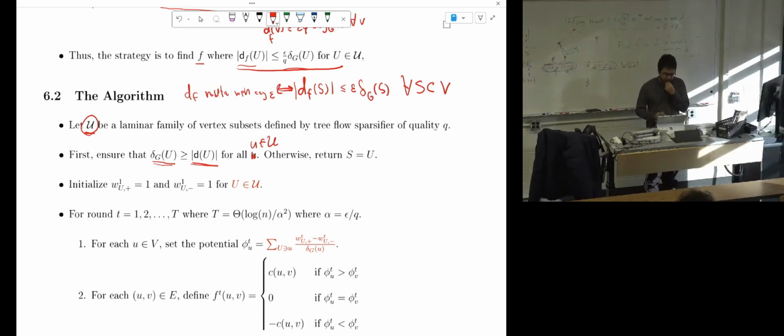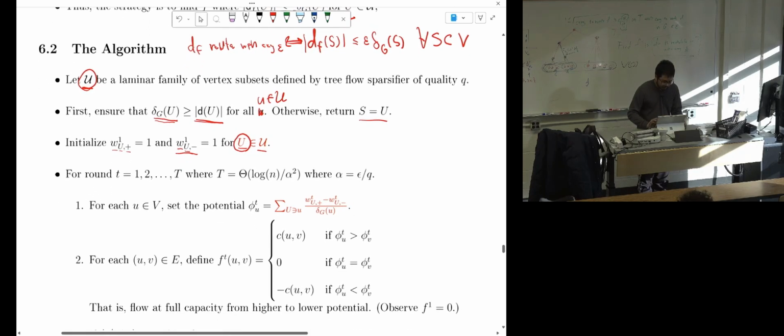Otherwise, you can just return U as a violating cut. And now I initialize the weights. The weight now is not just defined on every node, but for every set in the family. I have W_U plus and W_U minus like before, but defined for every set in the family.